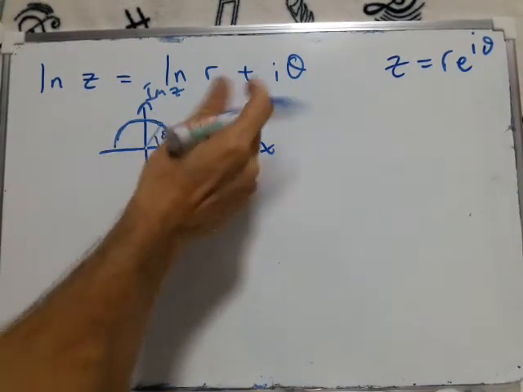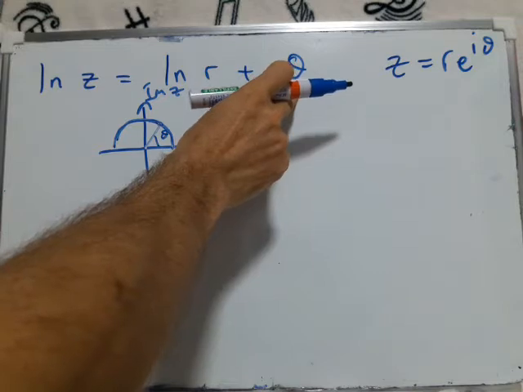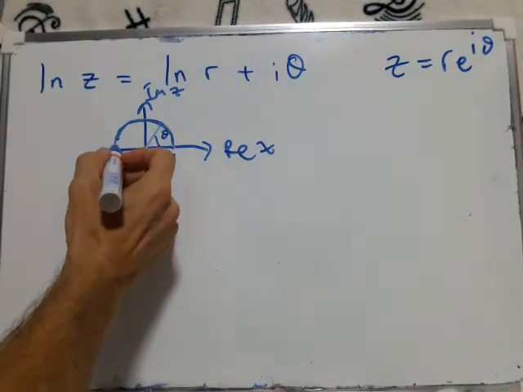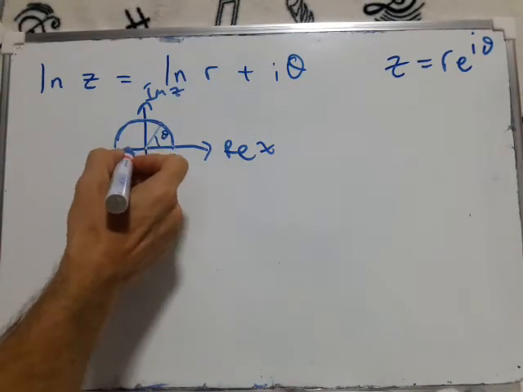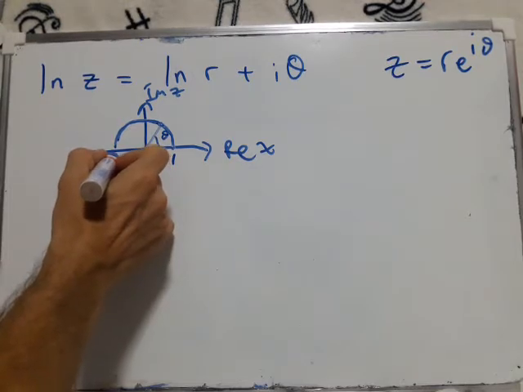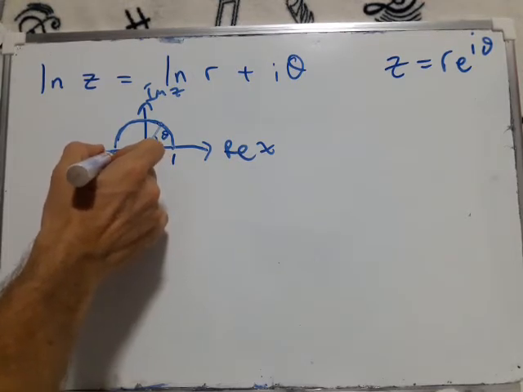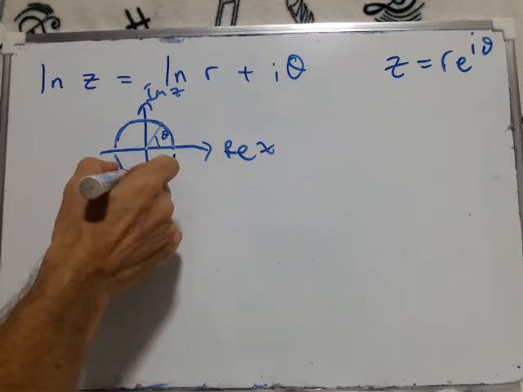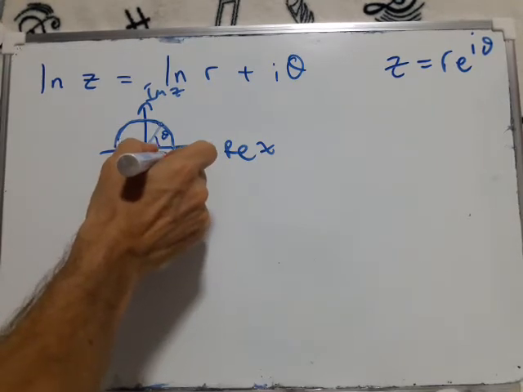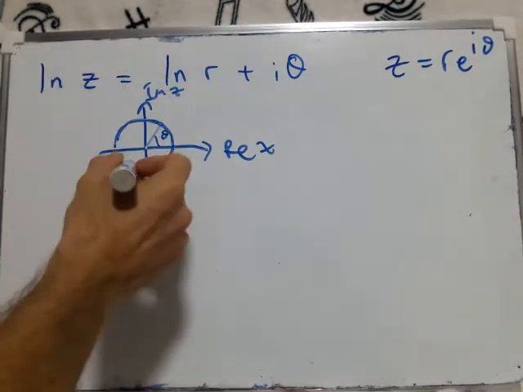But then, if we're taking theta as the principal argument, theta then, as you cross this line here, suddenly jumps to minus pi, and then it decreases and becomes less and less until theta goes back to 0.